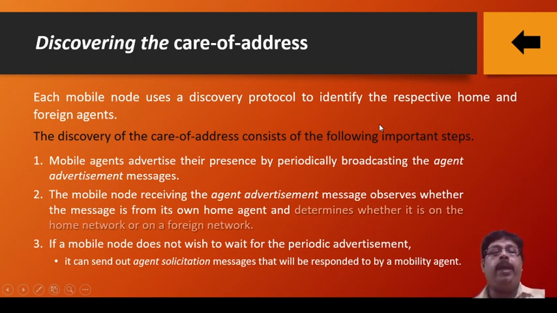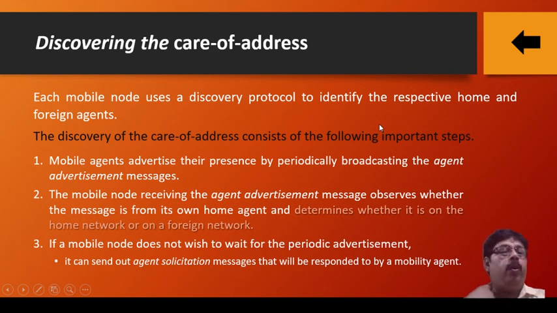It means the mobile node will always check, if it is in the foreign network, whether the advertising message is sent from the home agent or not, and determines whether it is on the home network or foreign network.